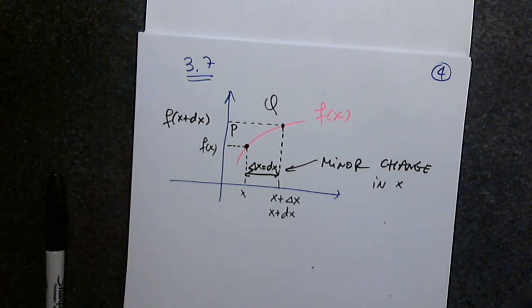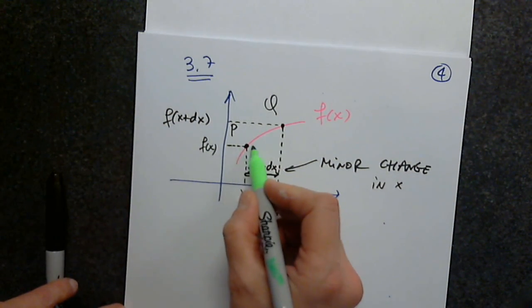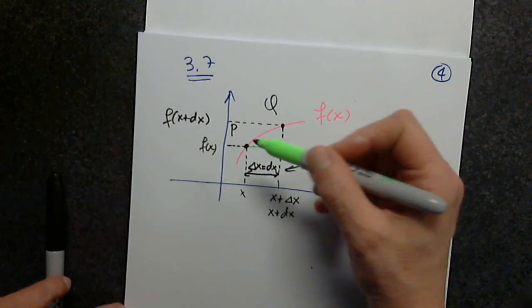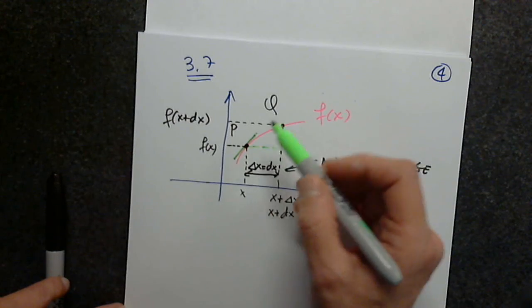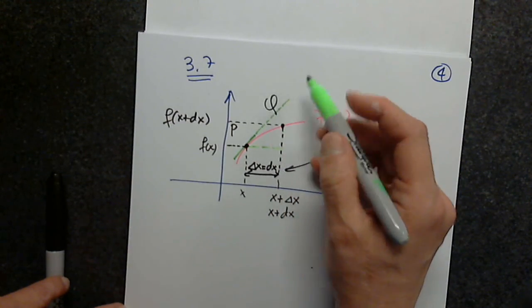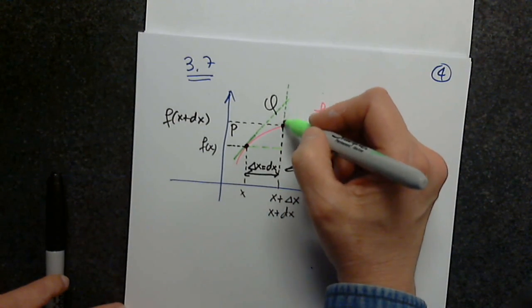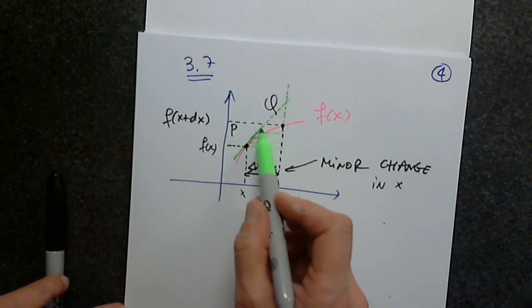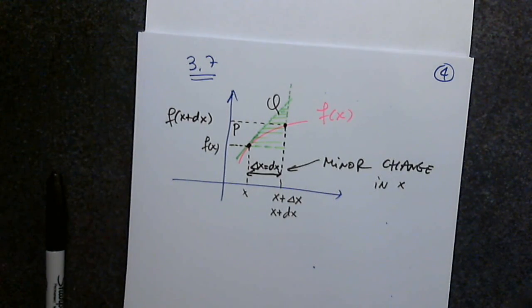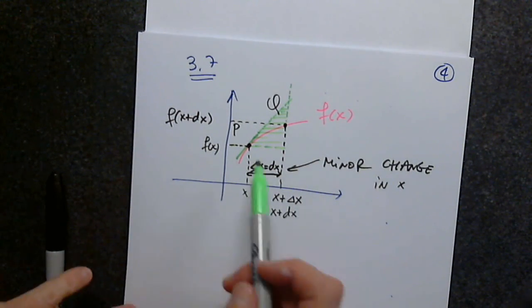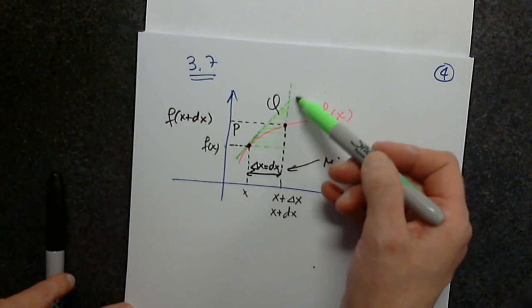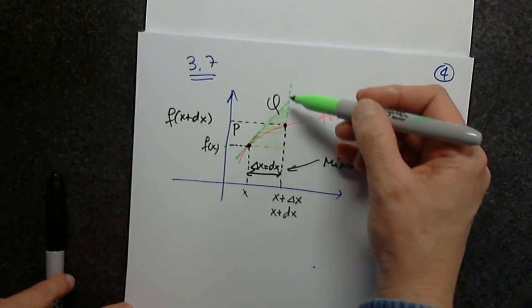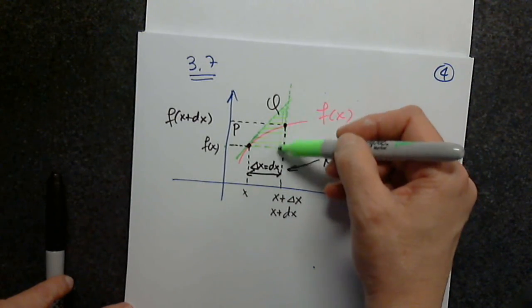I'm going to form a right triangle by drawing the tangent here and extending it. So I hope you agree that this is a right triangle. I have a horizontal at P, which is f of x. In other words, I drew the tangent at P, and I formed the right triangle right here.